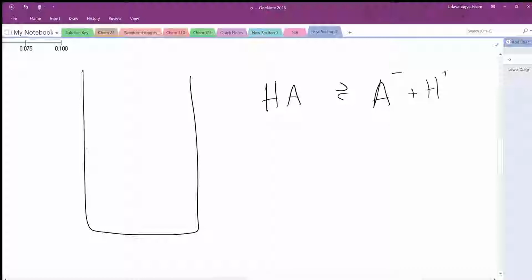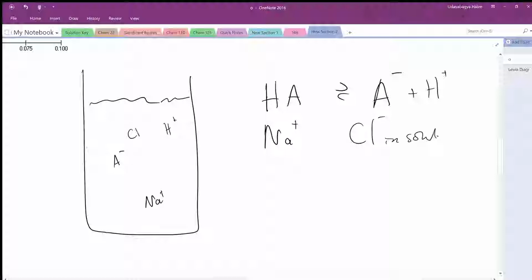But in solution, you also have, say, Na plus, which is an inert ion. You also have a Cl minus in solution, which is also inert. So here you have A minus, you have H plus, you have Na plus, you have Cl minus. Everything is all intermixed together inside your solution.